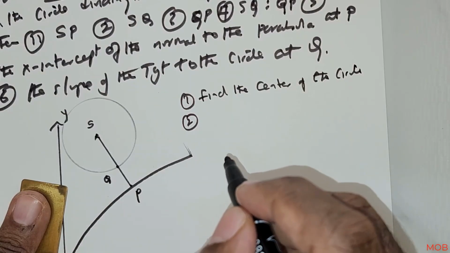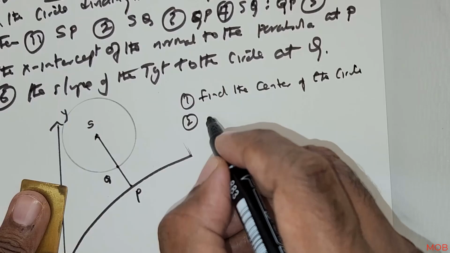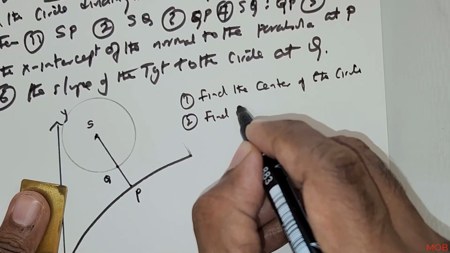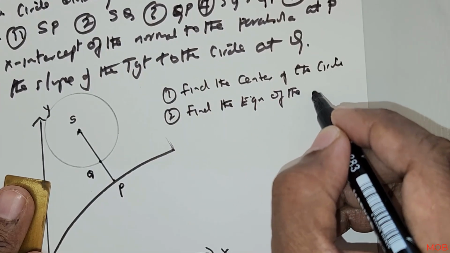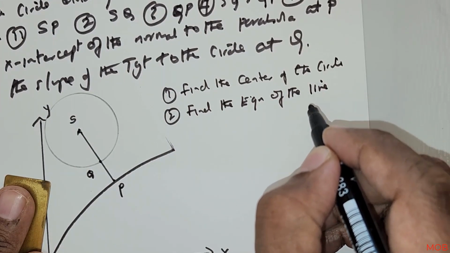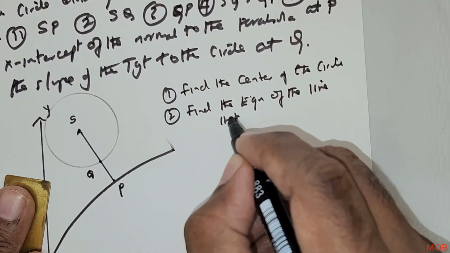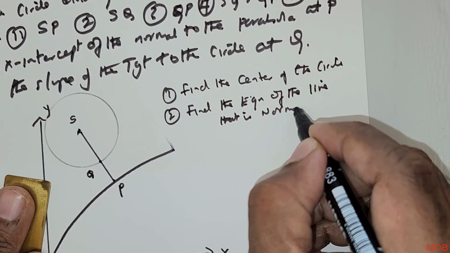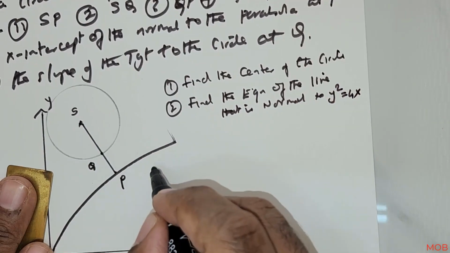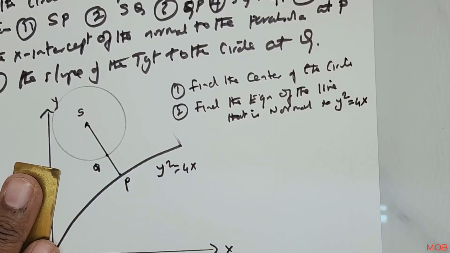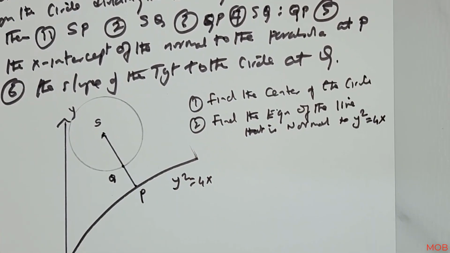Now the second requirement is we have to find the equation of the line that is normal to the parabola y squared is equal to 4x. So these are the first two requirements that we will be dealing with for this particular question.